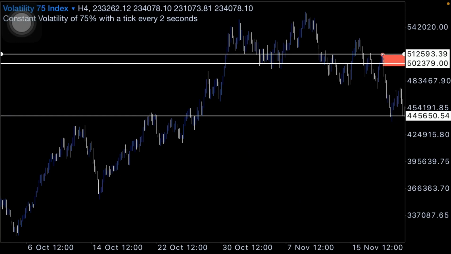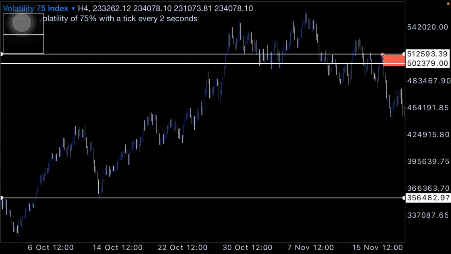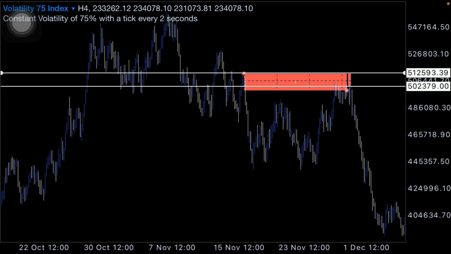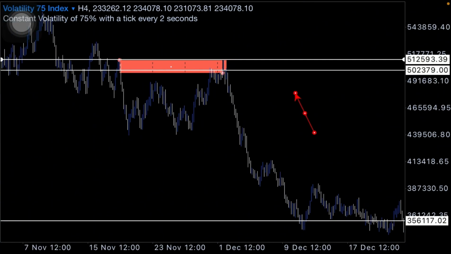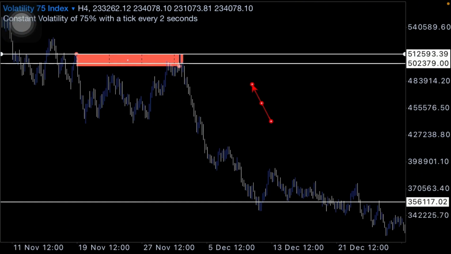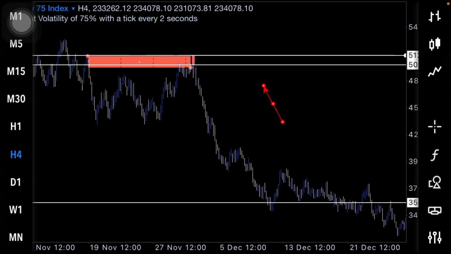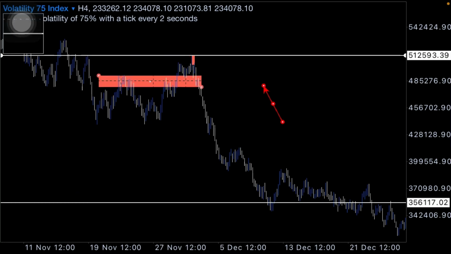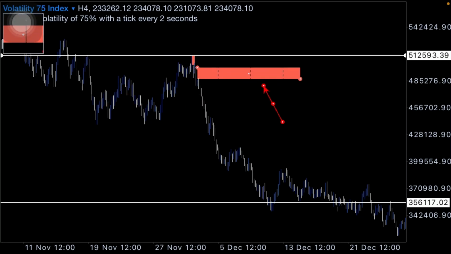You can also consider bringing it to this point, and price will eventually get there, since we are moving in the downtrend established from the higher time frame. So you could see that price will definitely get to that place.